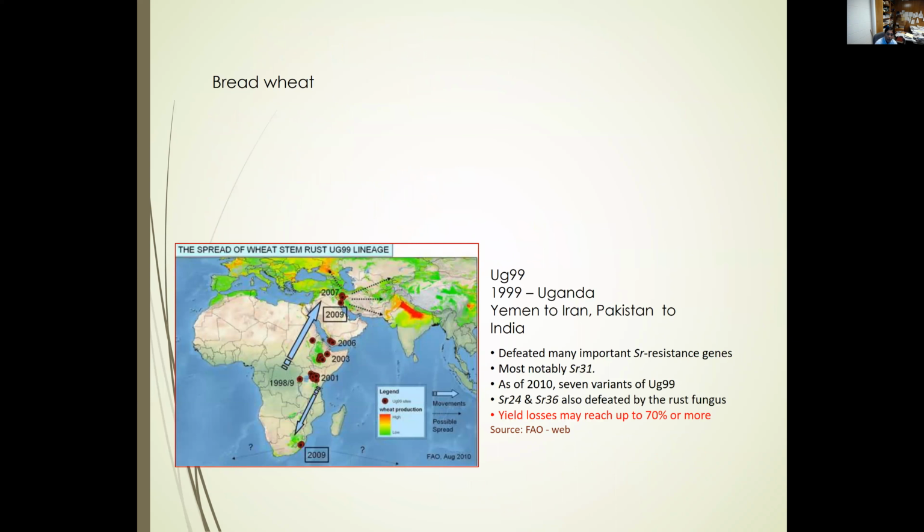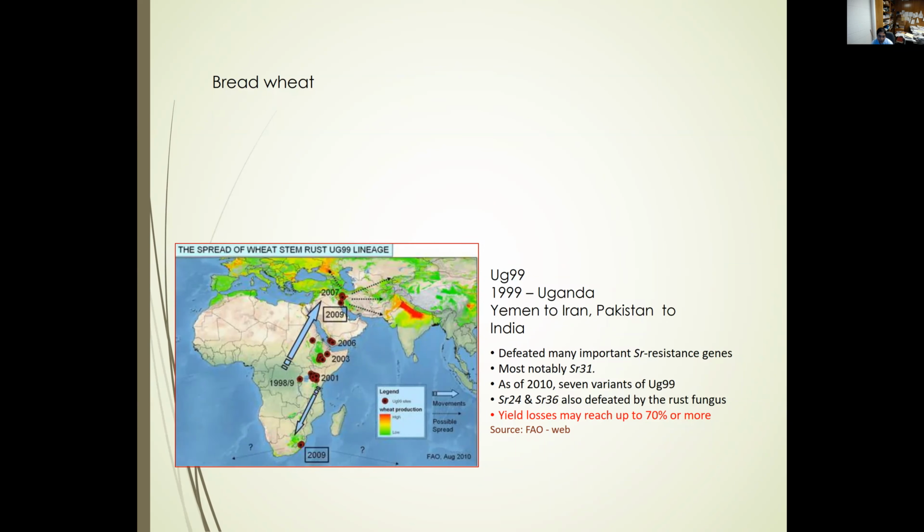Here is bread wheat. I won't talk about details of everything, but just as an example, the stem rust resistance is breaking down in wheat, and you see there's a lot happening now. The fungus is overcoming some resistance genes. UG99 was first reported in 1999 in Uganda; that's why the name came as UG99.